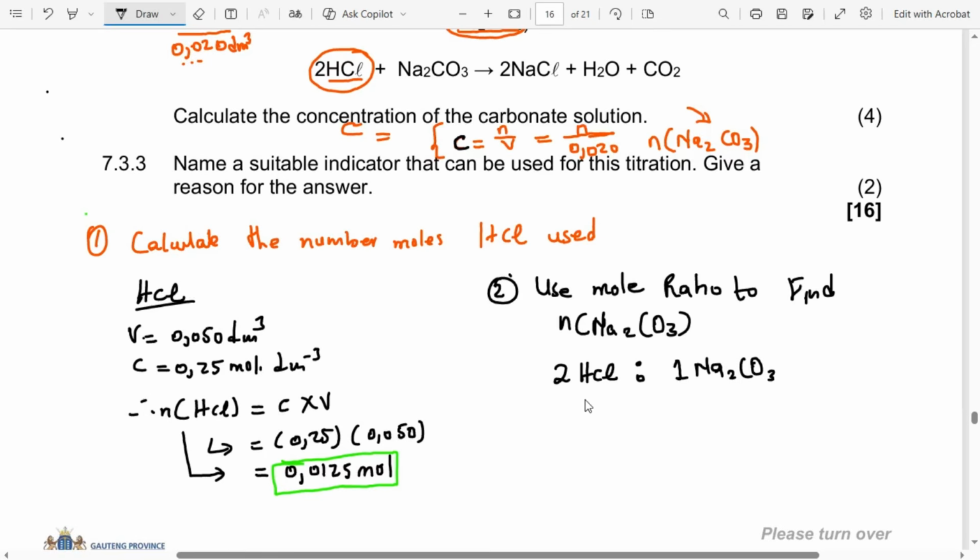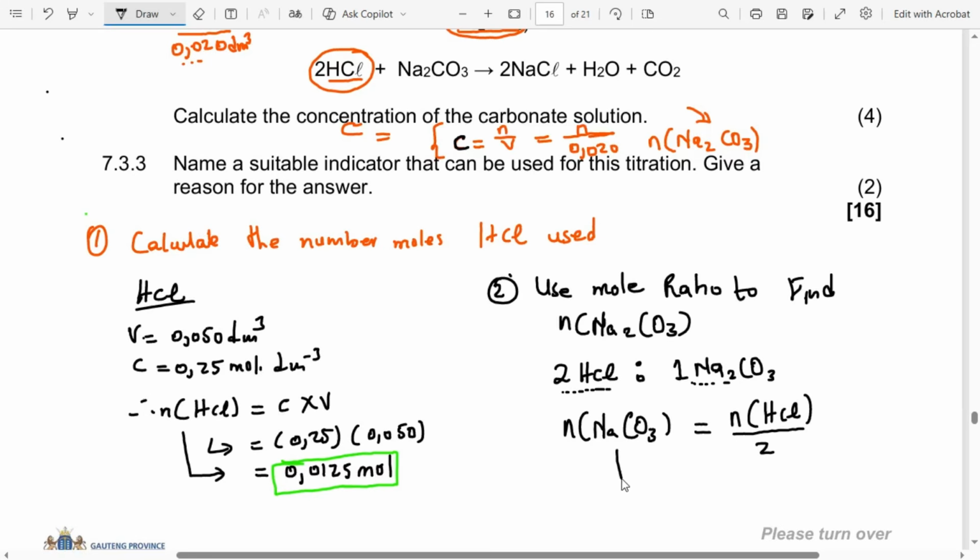So the number of moles of this is twice the number of moles of that Na2CO3. So to find the number of moles of that Na2CO3, we take the number of moles of hydrochloric acid divided by 2.